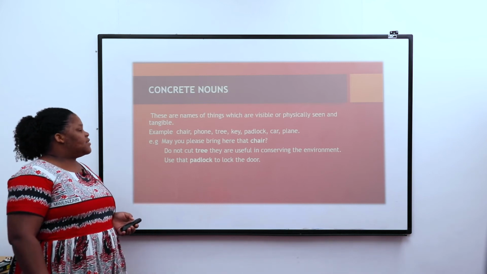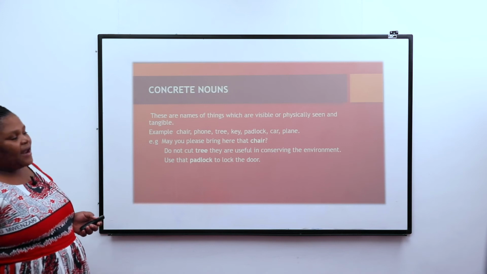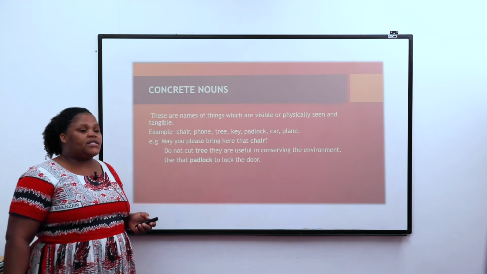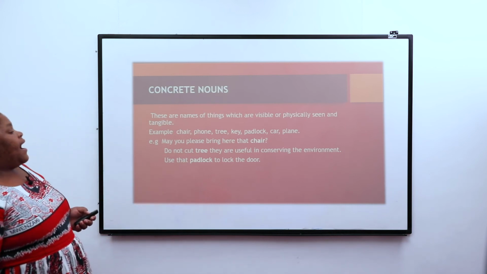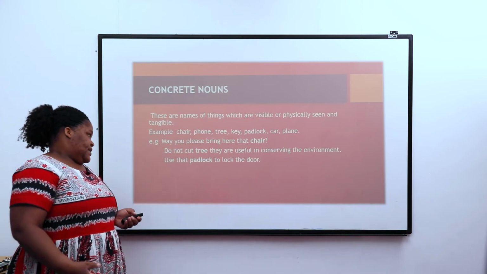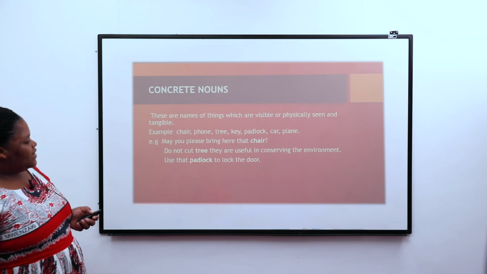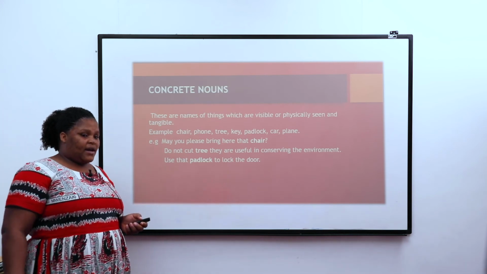The next type is the concrete noun. These are names of things which are visible, things that we can see, physically seen and tangible. You can touch them. For instance, chair, phone, tree, key, padlock, car, plane.